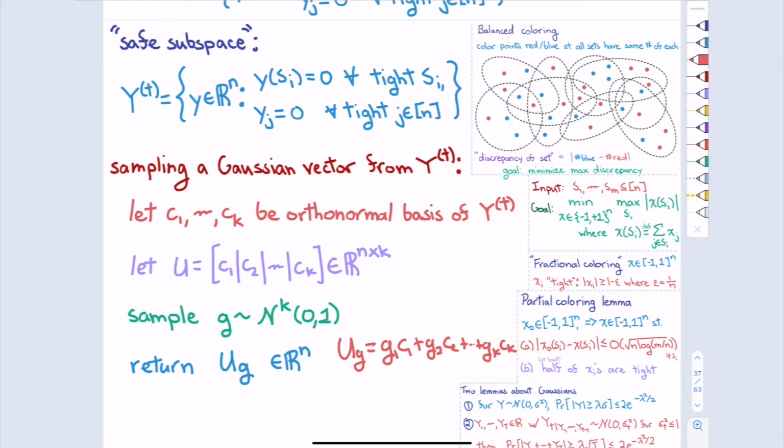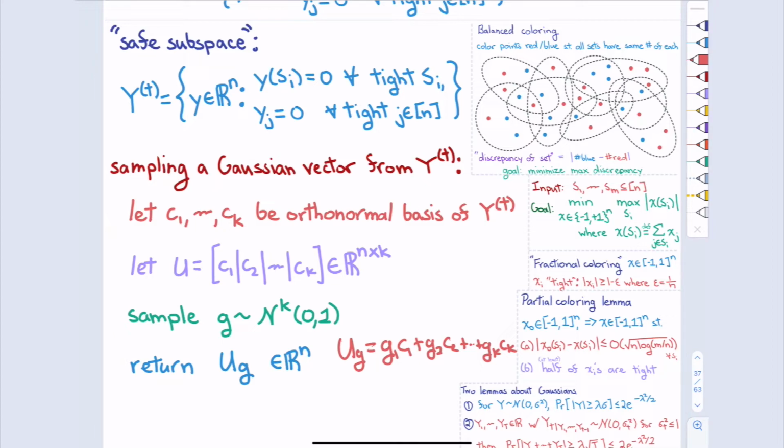So it's a sum of this basis from this vector space, and it's a random sum where the coefficients are given by Gaussians. That'll actually give you a random Gaussian from that subspace.